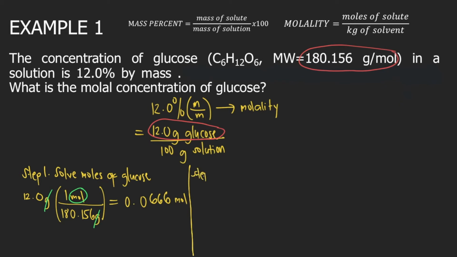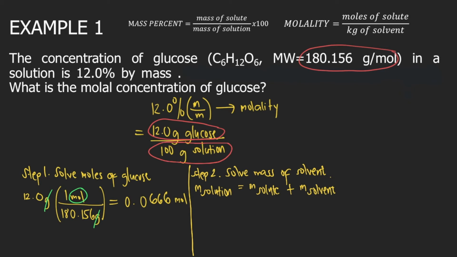Step 2 is to solve for the mass of solvent. We know that mass of solution is equal to mass of solute plus mass of solvent. The mass of solution is 100 grams.